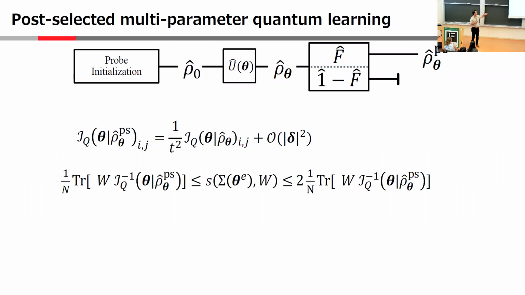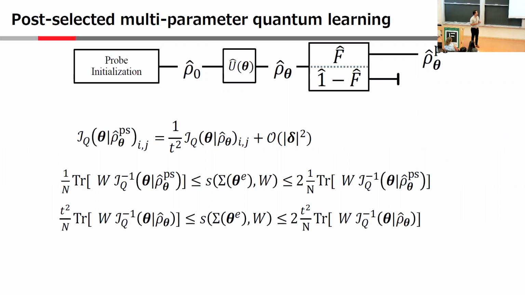So if we go back to this inequality of our scalar variable, we'll see that when we apply this filter, we're going to increase our entire Fisher information matrix by a factor of 1 over t squared. So we're going to shrink our figure of merit by a factor of t squared.